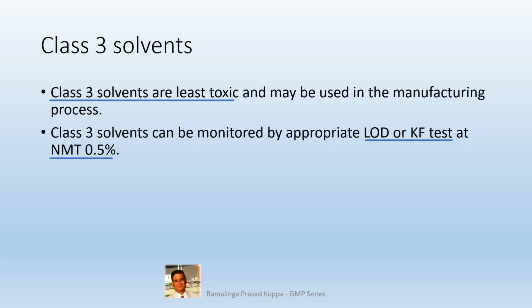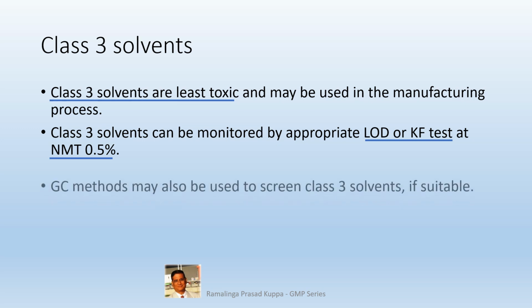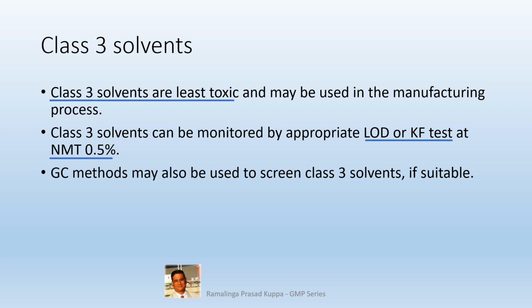If final isolation is only in water and there is no other organic solvent used, it can be controlled even by KF also. GC methods may also be used to screen class 3 solvents if suitable. Sometimes a suitable GC method may also be established to carry out the residual solvent analysis of class 3.